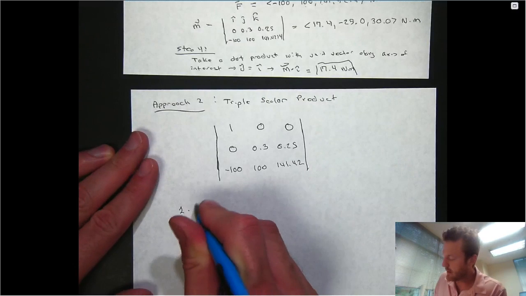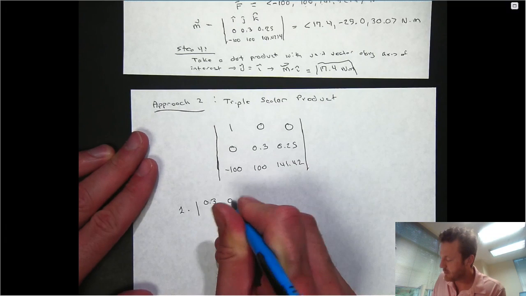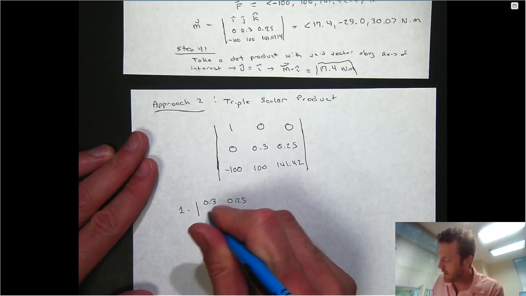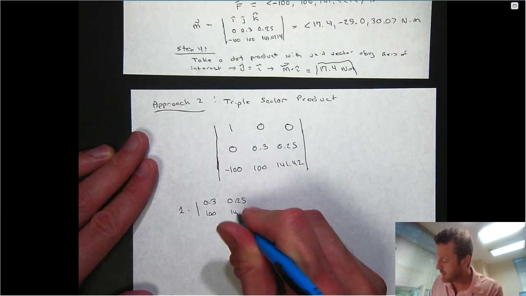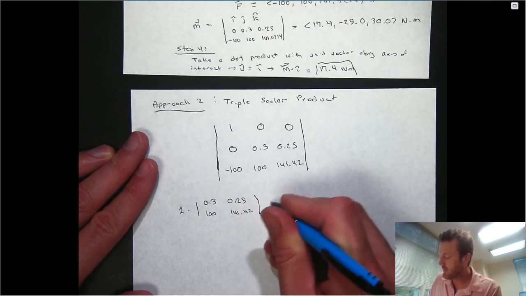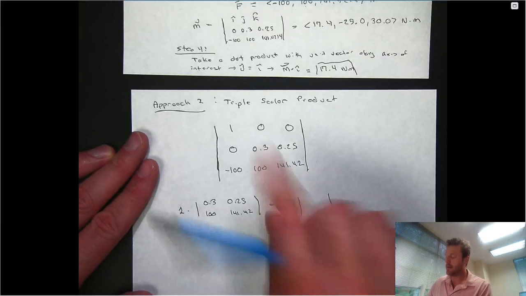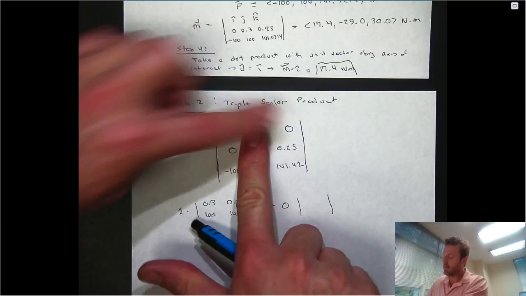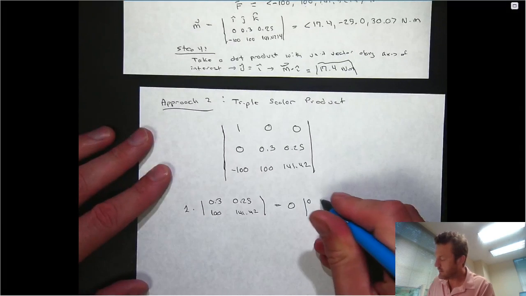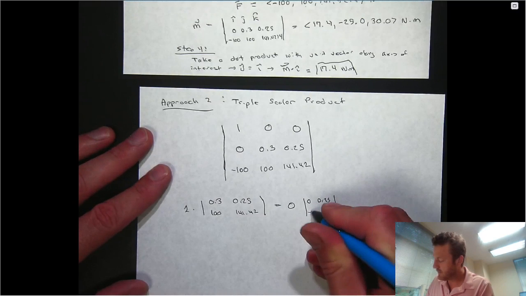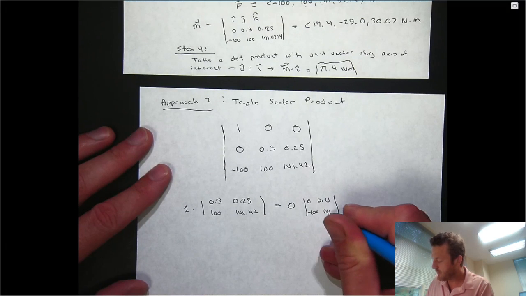So this would be 1 times the determinant of 0.3, 0.25, 100, 141.42, right? Minus 0 times whatever that determinant is. Let me just write it in for you real quick: 0, 0.25, minus 100, 141.42.